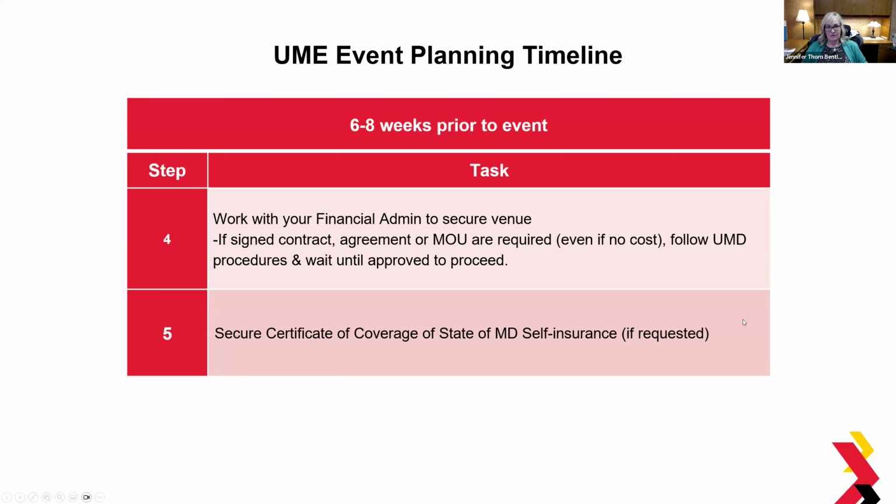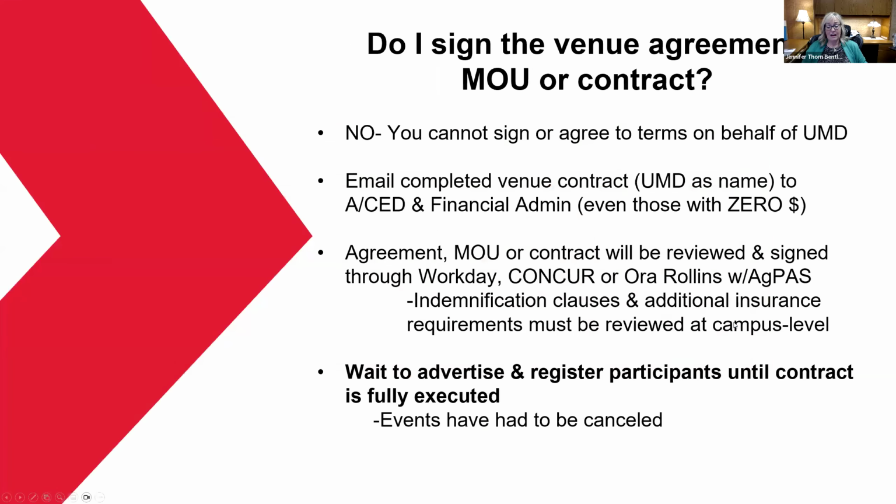That is also a process that has to be sent through a completely different site. So I think you got my point: do I sign a venue agreement, MOU, or contract? No, none of us on this Zoom today can sign a contract or agree to terms on behalf of the university. That's the bottom line. We just don't have the authorization to do that.